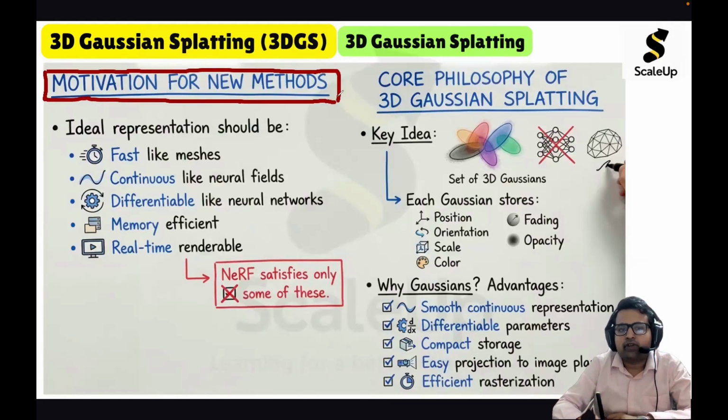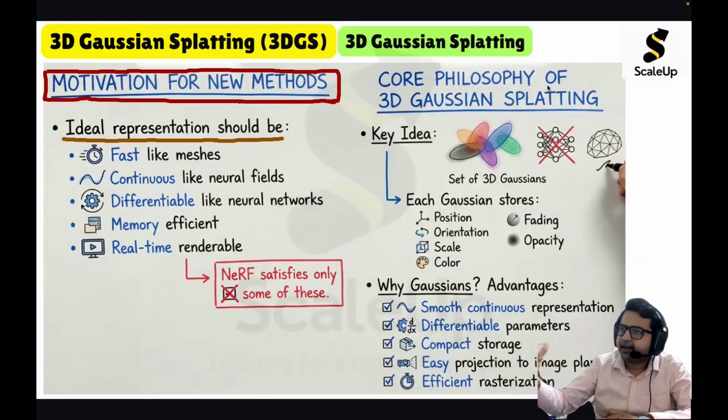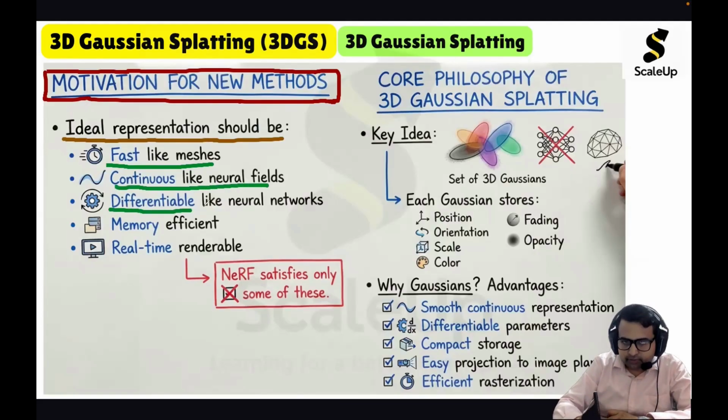The ideal representation: we were looking for implicit 3D representation techniques which should be fast like meshes, continuous like neural fields, differentiable like neural networks, memory efficient, and real-time renderable.